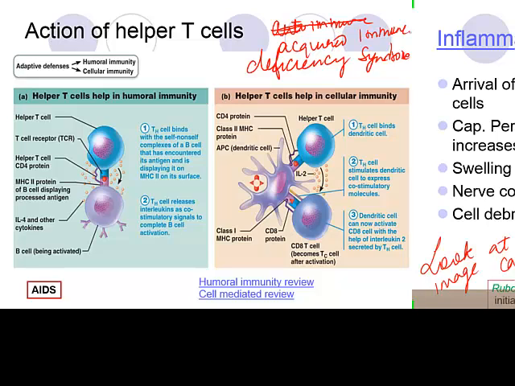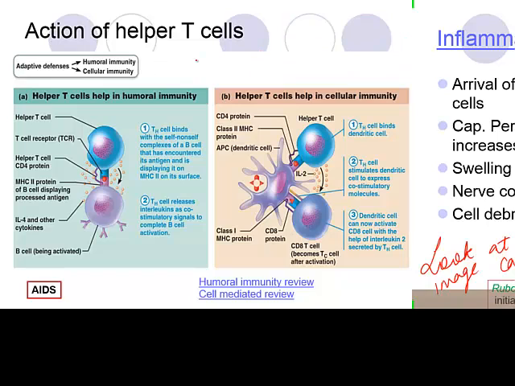That means your immune system is deficient. It's not able to do its job. Why? This is done by a virus, the human immunodeficiency virus. What the virus does is it targets the helper T cells. It kills off the helper T cells, which are the CD4 cells.